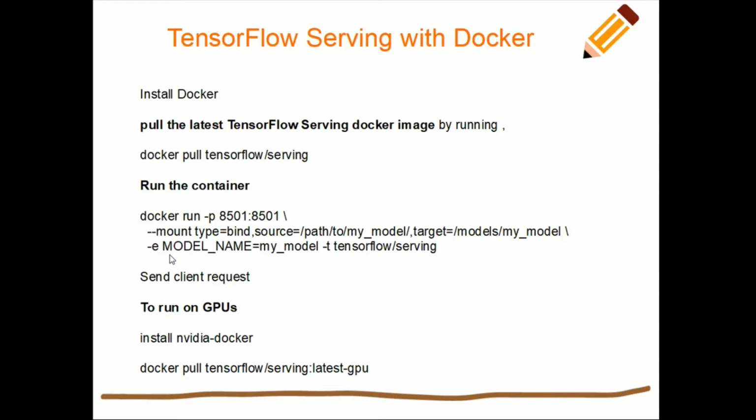Okay, once we run this container with a path to our saved model, we can send the client request to it and get the predictions from the deployed container. Now we can also do it on the GPUs, and there's a little bit of a difference in the container that we have to use.